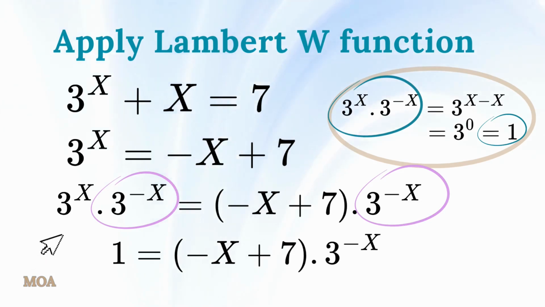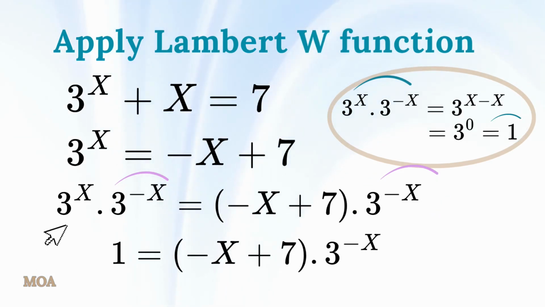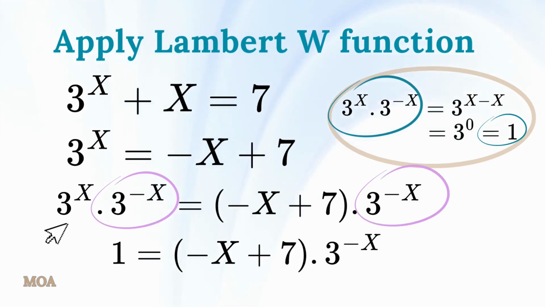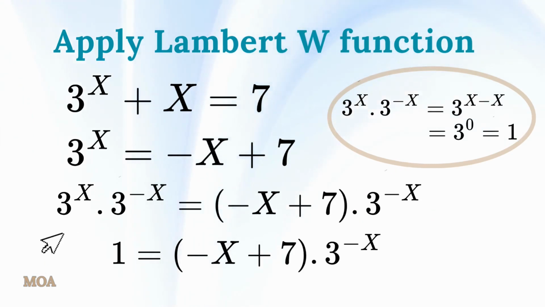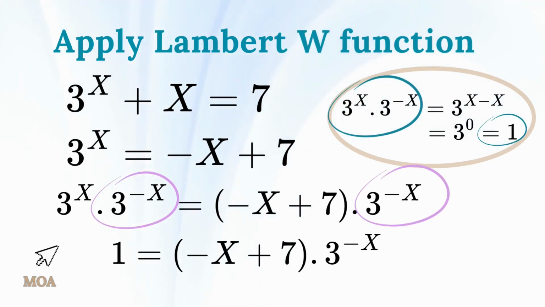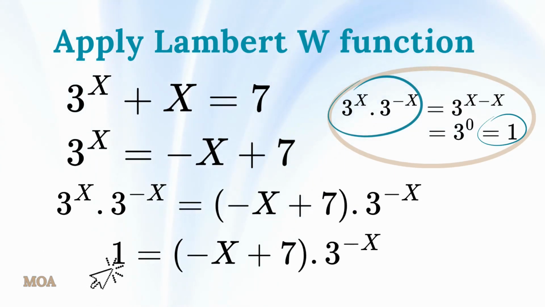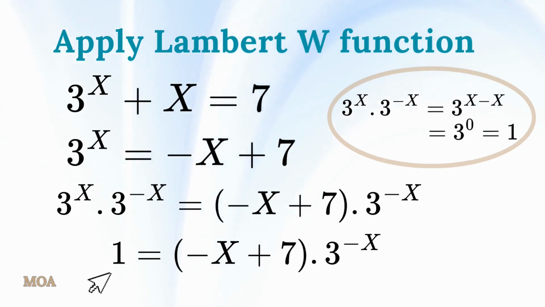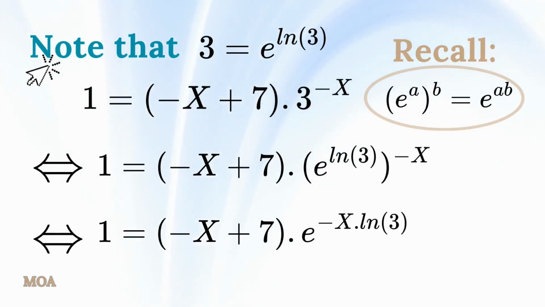Then, multiply both sides of the equation by 3 raised to the power of negative capital X. After simplifying, 3 raised to the power of capital X times 3 raised to the power of negative capital X, which is 1, we obtain 1 equals negative capital X plus 7 times 3 raised to the power of negative capital X. Note that 3 equals e raised to the natural logarithm of 3.